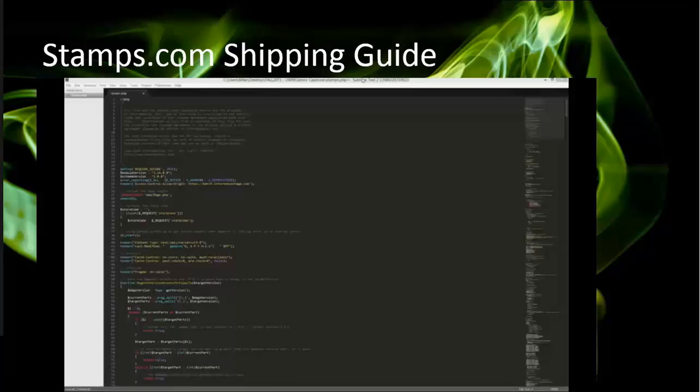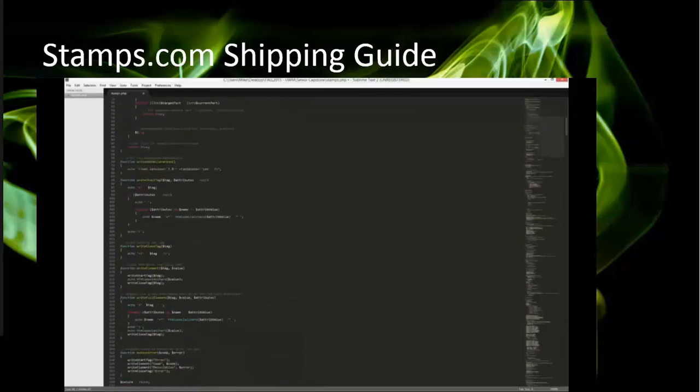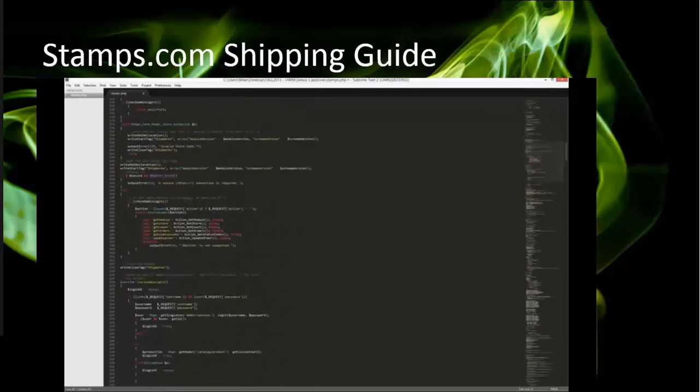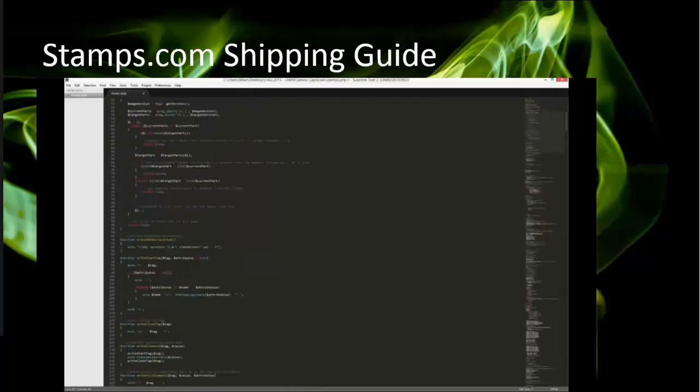Stamps.com has created a nice little PHP plugin that integrates with Magento for all shipping information. So we'll be able to batch report all the shipping orders from Magento directly into the Stamps.com API. But in order to do this, we have to add the PHP to the back end of our website and then set it up through the application.